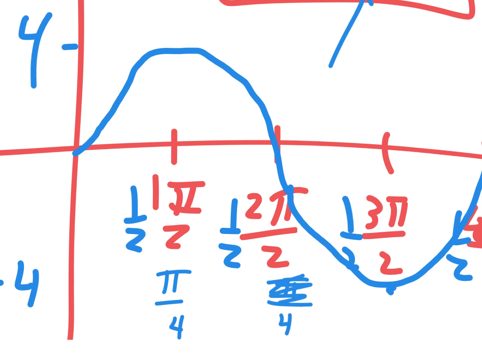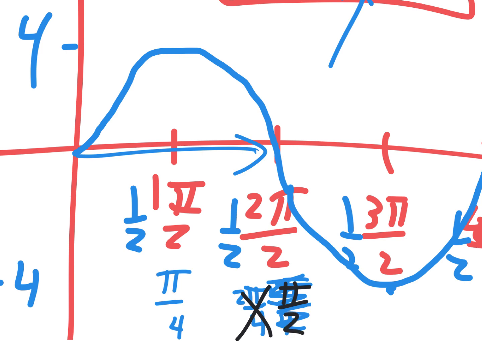So that is how far you should move it. That far. Because that is pi over 4. That's how far you move it. I know pi over 2 used to be a different place. 2 pi over 4, which then changes to pi over 2. That's why we move it that far.